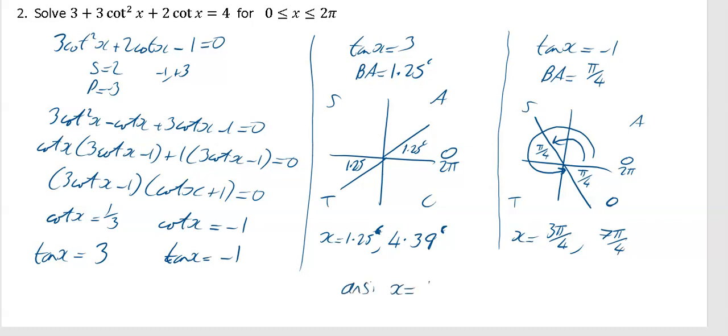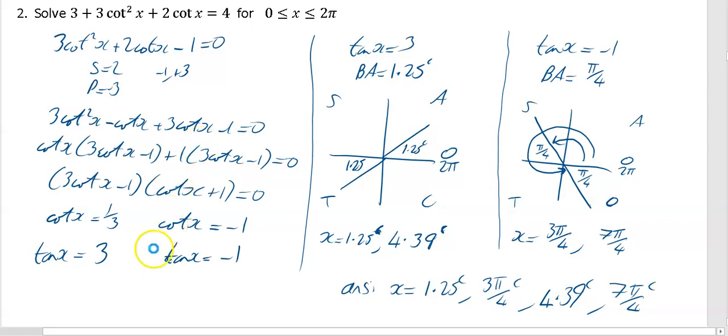Okay, your answer then, just tidy that up, just write them all together. So your answer, I have 1.25 radians. I have got 3 pi over 4 radians. Next one I've got is my 4.39 radians, and my last one is my 7 pi over 4.